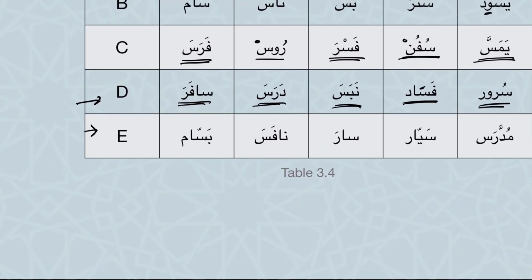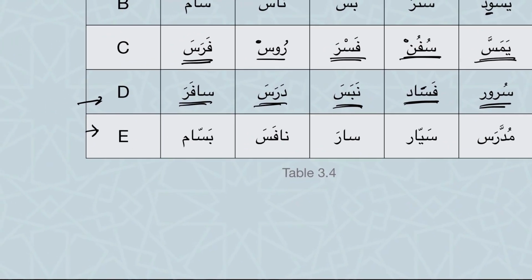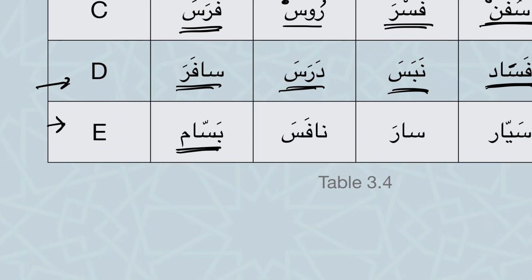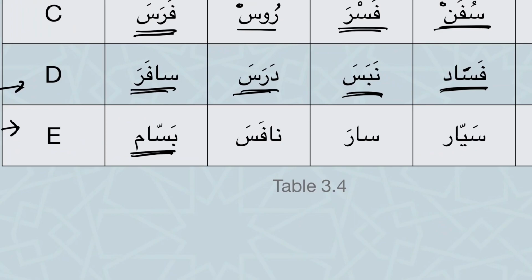Okay. So E, I guess I'll take it. So how would I say this? It's Bassam. Bassam. There's no fatha on the shadda, but I know there's a fatha because of the alif. Bassam. This one is Nafasa.